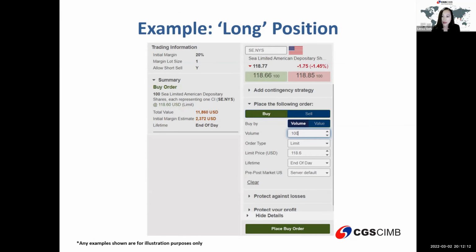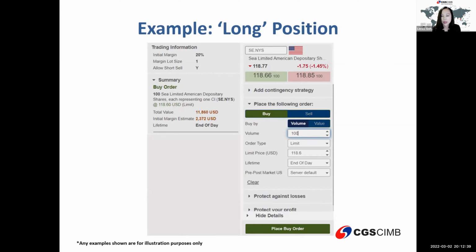Different stocks have different initial margins, meaning the initial capital that you put in varies. How it varies is based on the framework, the risk parameter determined by the company, and also under the MAS regulation. Different counters have different margin requirement frameworks.